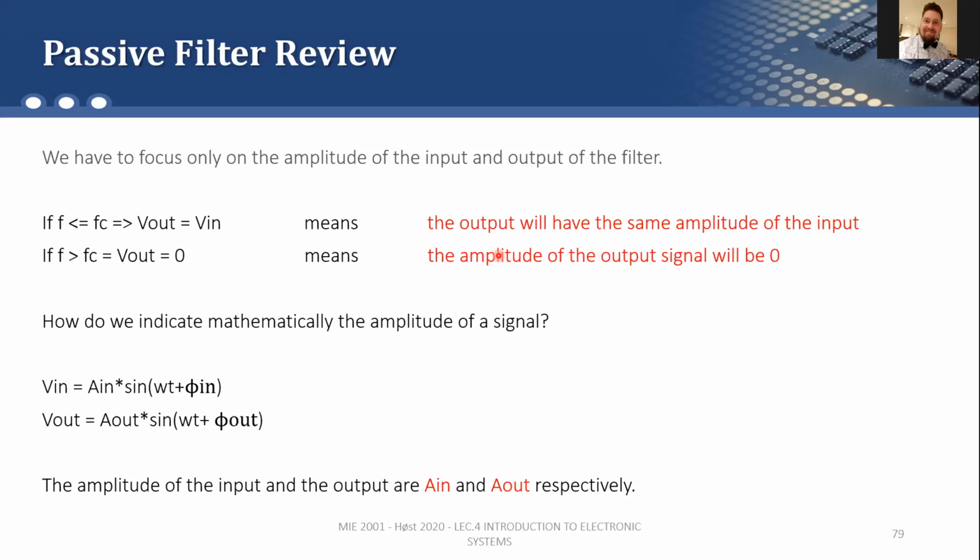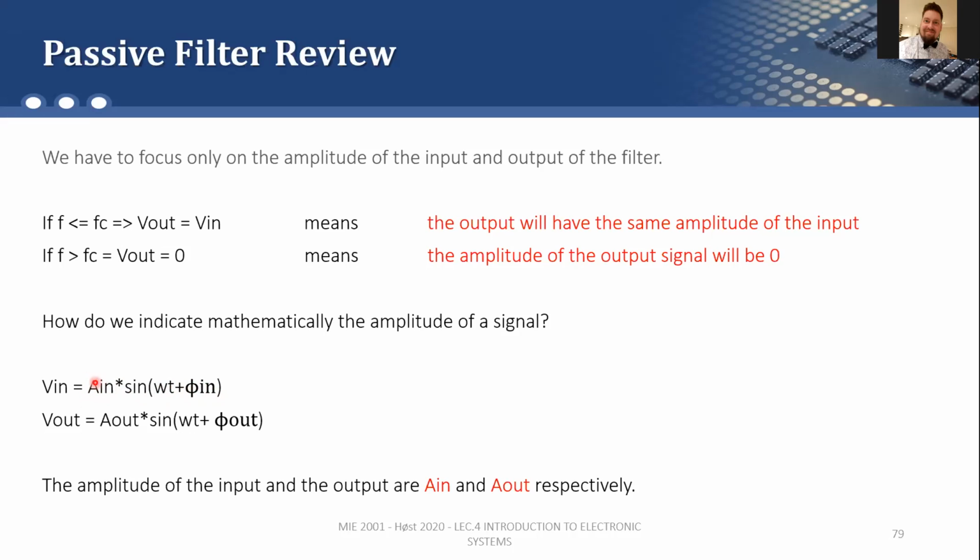But how do we usually describe the amplitude of signals? We said before that when we study a filter, we usually do it with sinusoidal signals. So the input signal of the filter is described here and is written in terms of a sine wave. We have the amplitude here, then the angular frequency, time, and the initial phase. Phi in here is the input phase.